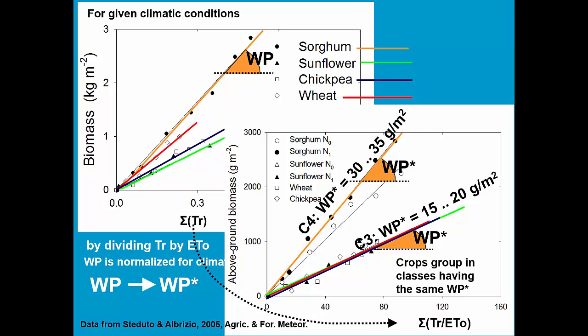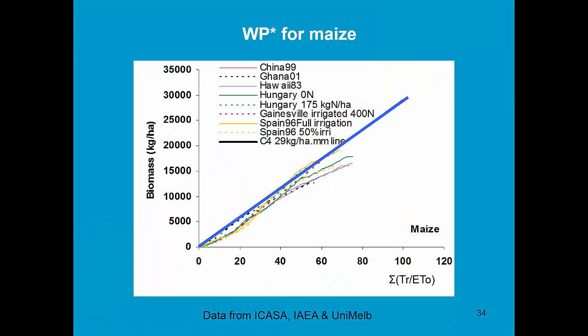This slide shows you the normalized water productivity for maize in different environments. In those environments, the climatic conditions are different, and also different varieties of maize might have been cultivated. Nevertheless, we found that the normalized water productivity in all those climates, in all those environments, is very similar.